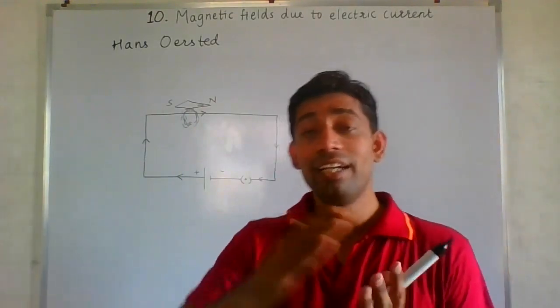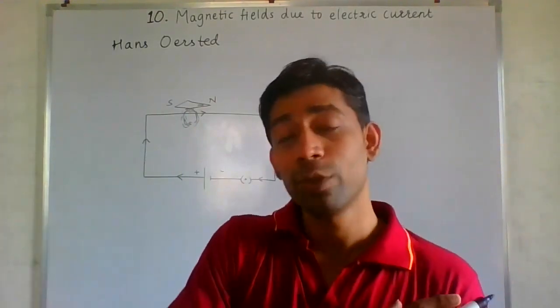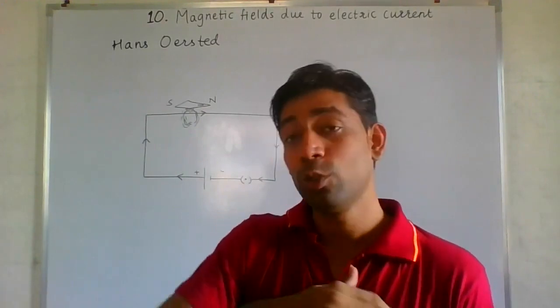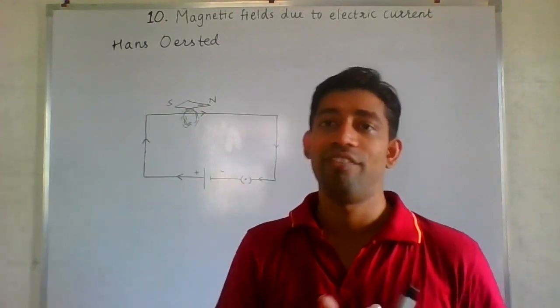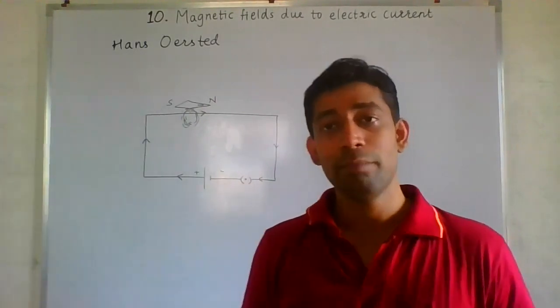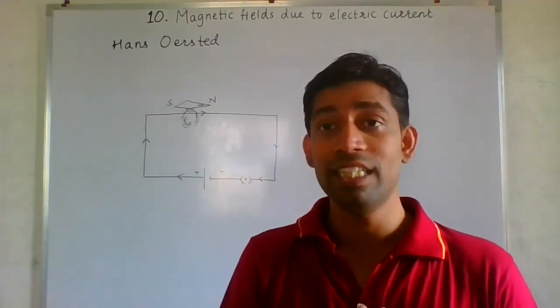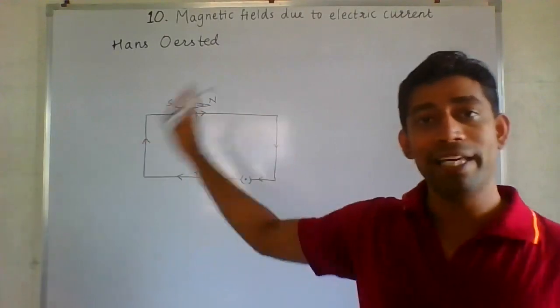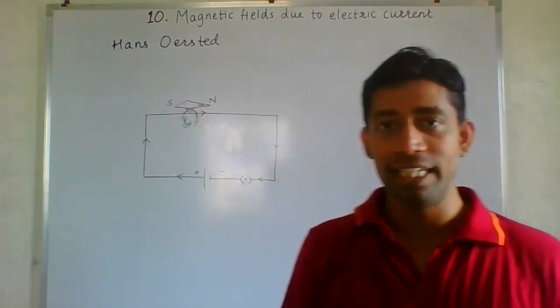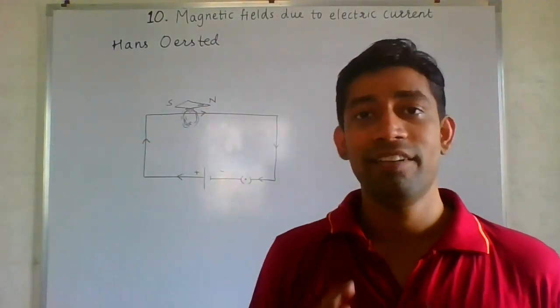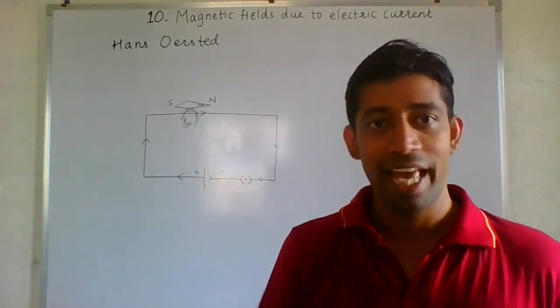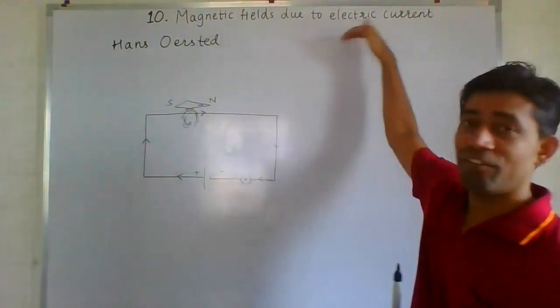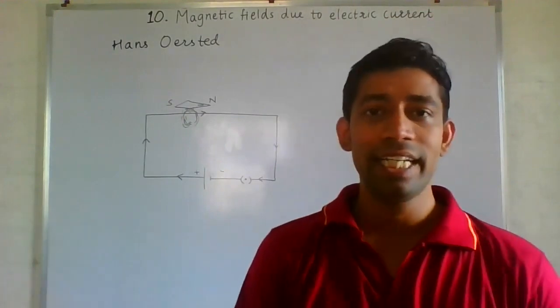Because of that, the magnetic needle will try to run away, so it moves away, and hence there was some deflection. Through this experiment, he understood that around a wire which is carrying a current, a magnetic field is always generated. Hence the topic name is magnetic field due to electric current.